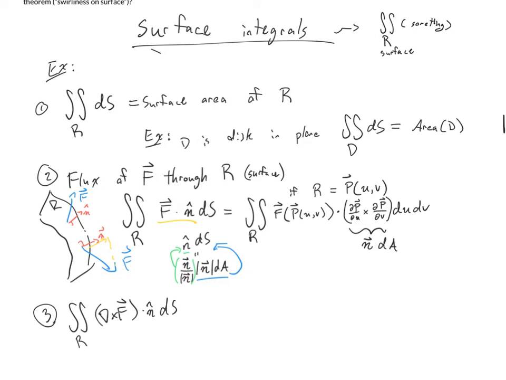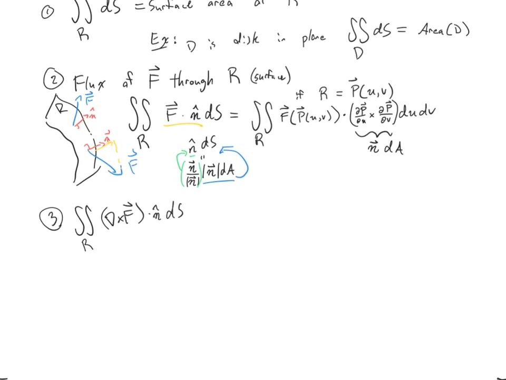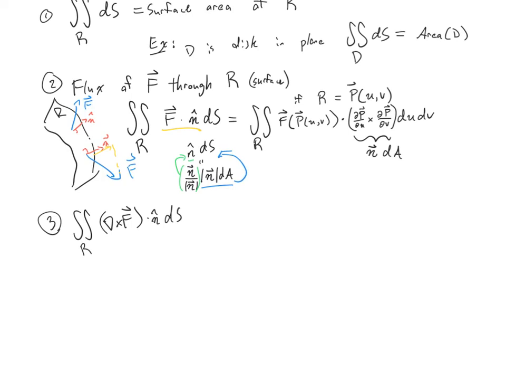So ultimately, this is just a flux integral, but it's a flux integral specifically for the curl of F. So I'm looking at the flux of curl of F through S, and so, through R.